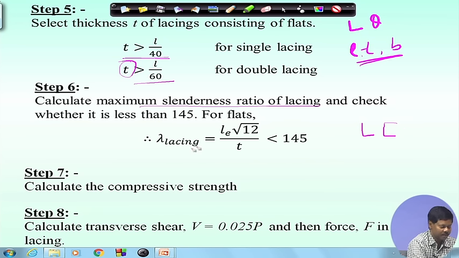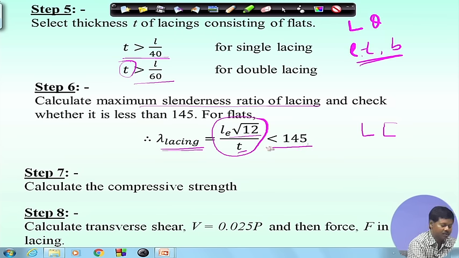In case of flat plate, we have calculated already in earlier classes that lambda lacing will be LE into root 12 by t. So it should be less than 145. So for flat plate, lambda can be found from simply this formula, LE root 12 by t, and we have to check it should be less than 145.